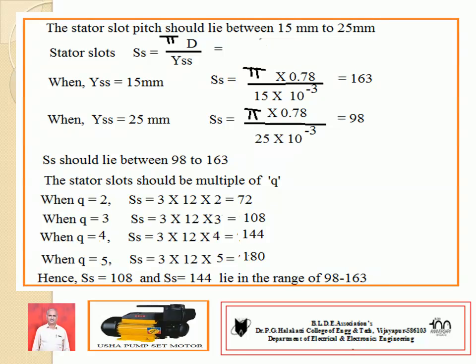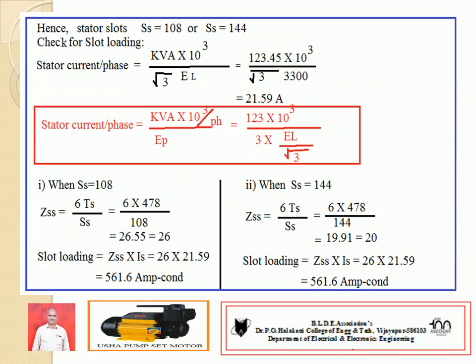So as per the above condition, stator slots should be 108 or it may be 144. Getting the idea? Very important decision from checking of slot loading, whether we can use 108 or 144.